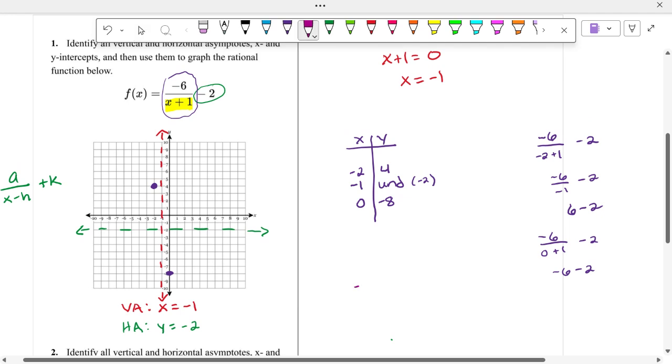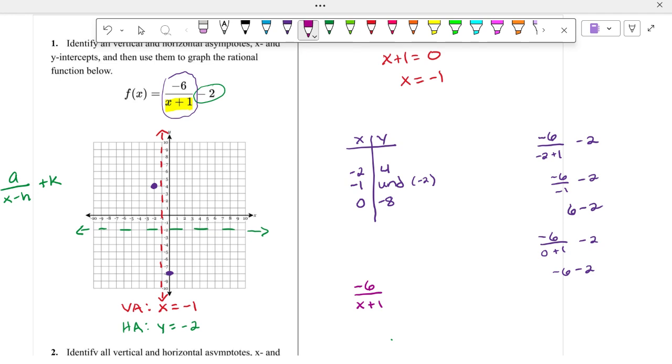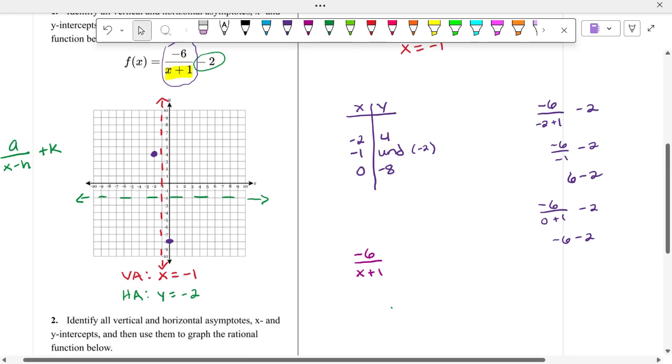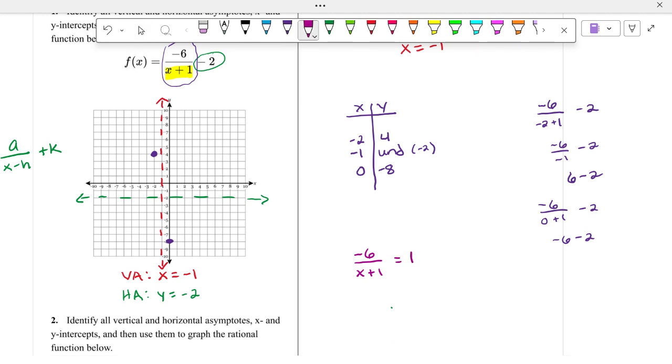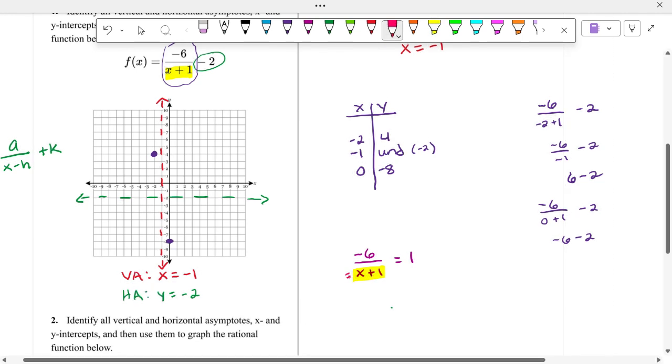So remember, first things first, we just want the fraction part by itself. We don't care about the minus 2 yet. We're going to shoot for this to equal 1 first. If we want this to be equal to 1, what does the x plus 1 have to equal in the denominator?